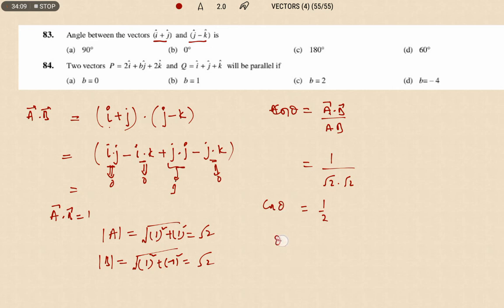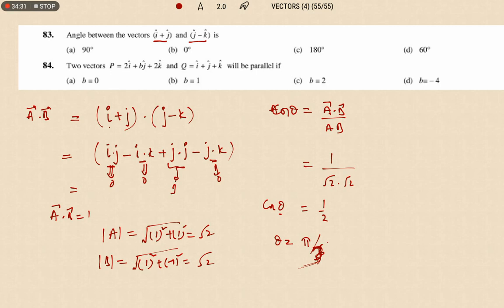Therefore, for which value of theta is cos theta 1 by 2? I think pi by 3. Cos 60 is equal to 1 by 2.